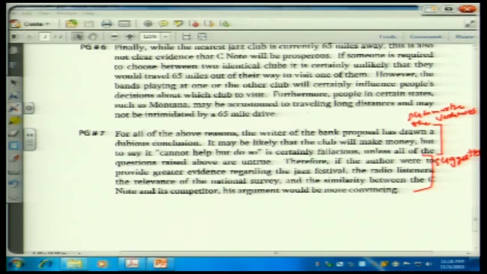For example, in this one, therefore, if the author were to provide greater evidence regarding the jazz festival, the radio listeners, and the relevance of the national survey, and the similarity between this club and the competitor, his argument would be more convincing. So these are the suggestions that you make. And the suggestions stem from all the logical weaknesses that you have already identified.